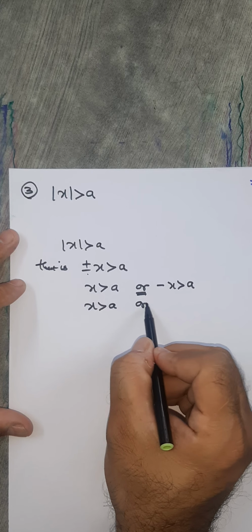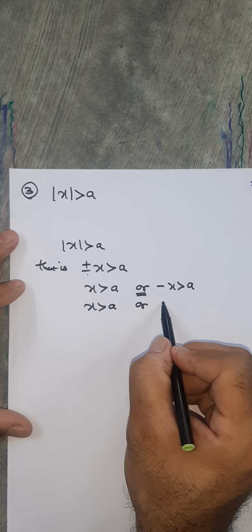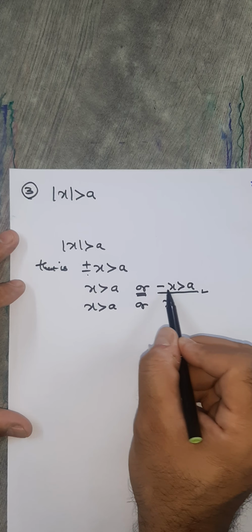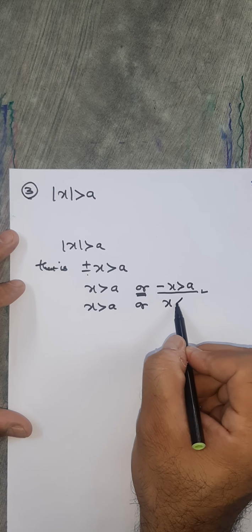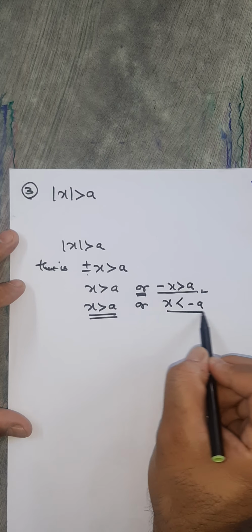I'll keep this one as it is. x is greater than a. Here I'll just multiply with minus sign. You know, if I multiply with minus sign, the inequality gets reversed. So this becomes x less than minus a. So we have these two things, remember.